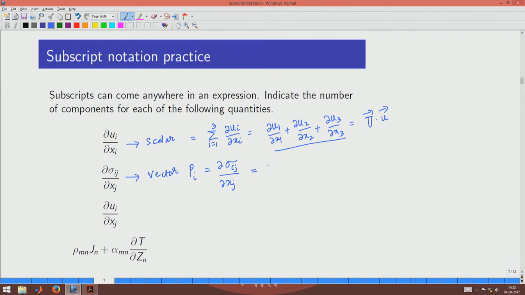dummy index, this would mean that this is what we meant by this expression, which means that we could then sum up over the j index and get each value of p. So, you could then ask what would be the value of p1. There are 3 values of p, p1, p2, p3 for each value of i going from 1 to 3. So, what is p1? p1 is nothing but this.